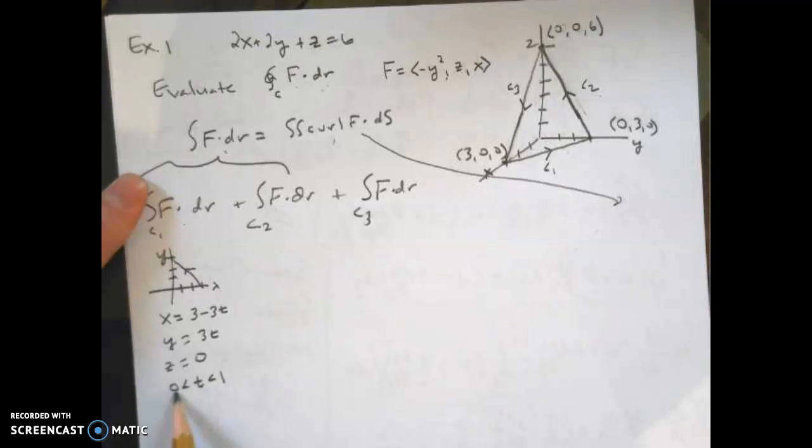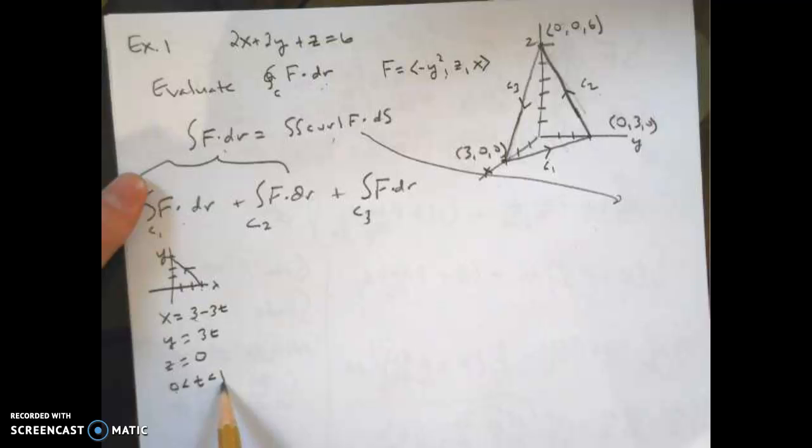Notice when t is 0, we're at 3, 0, 0, which is this, and when t is 1, we're at 0, 3, 0, which is right here.